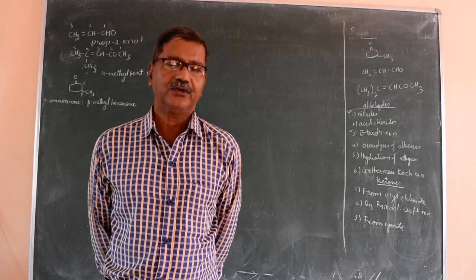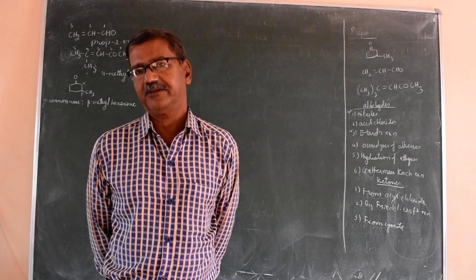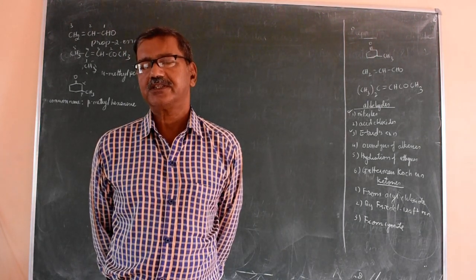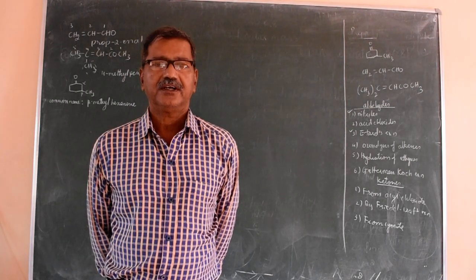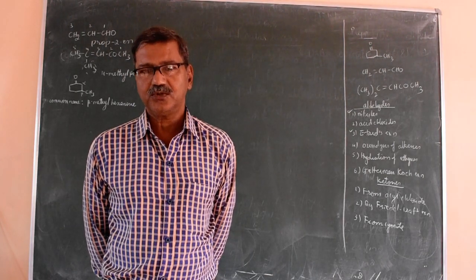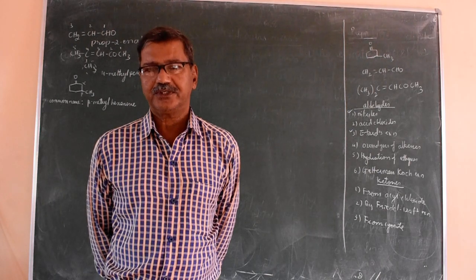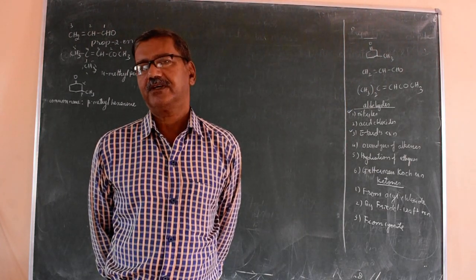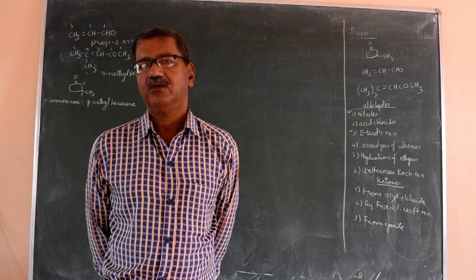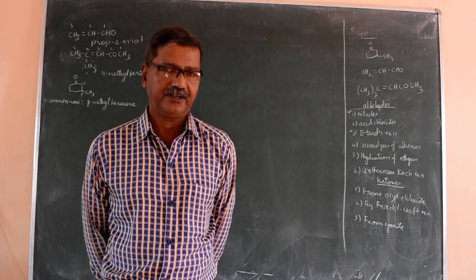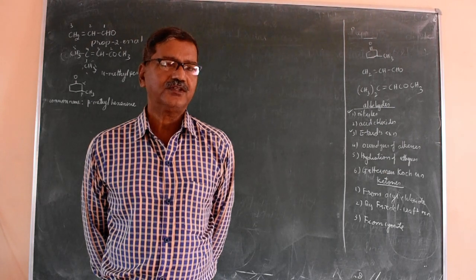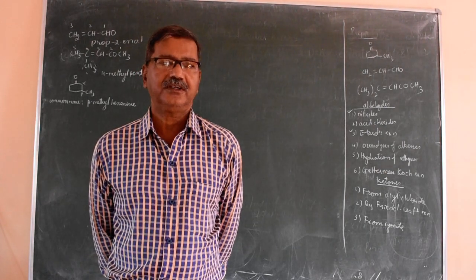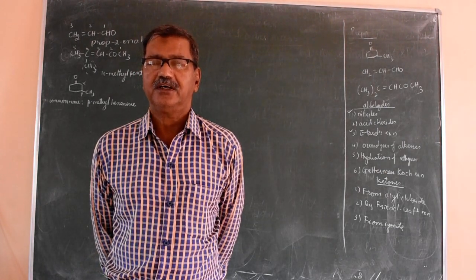Organic acid chloride is RCOCl. RCOCl can be converted into RCHO by passing hydrogen gas in the presence of palladium catalyst supported over barium sulfate. This is one of the best methods used to prepare aldehyde.